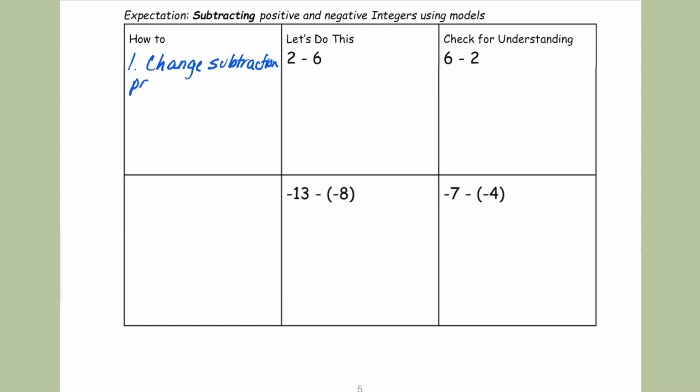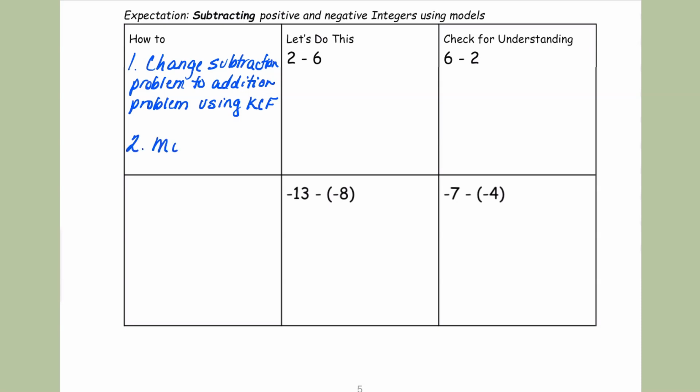It's so much easier when we have an addition problem that we're going to deal with. So go ahead and jot this down. Step number 1 for the how to is to change your subtraction problem to an addition problem using keep change flip, or our modified version of keep change flip.